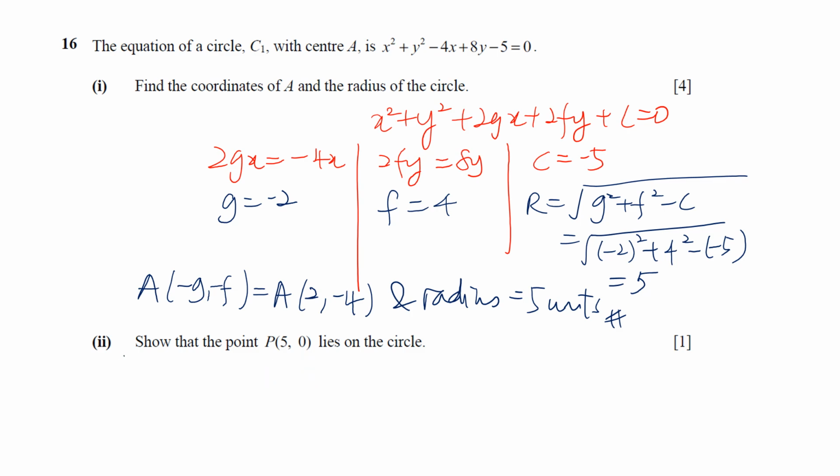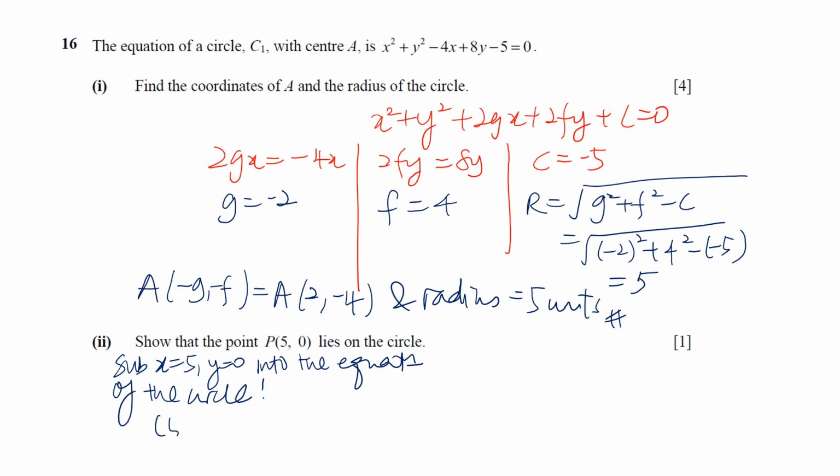So the first way is to substitute x equals 5, y equals 0 into the equation of the circle. So I would have 5 squared plus 0 squared minus 4 times 5 plus 8 times 0 minus 5. And that gives you, yes, 0.